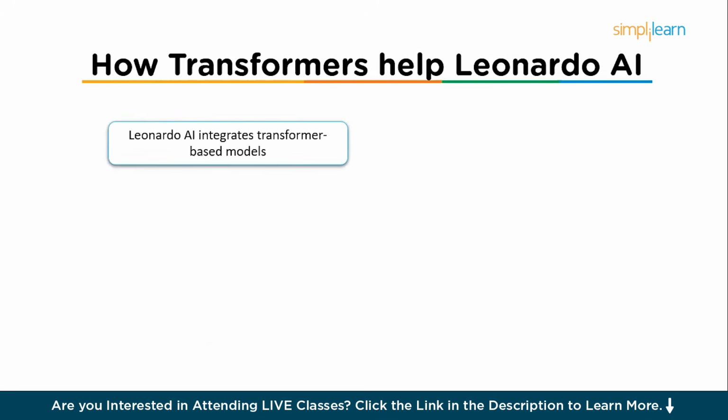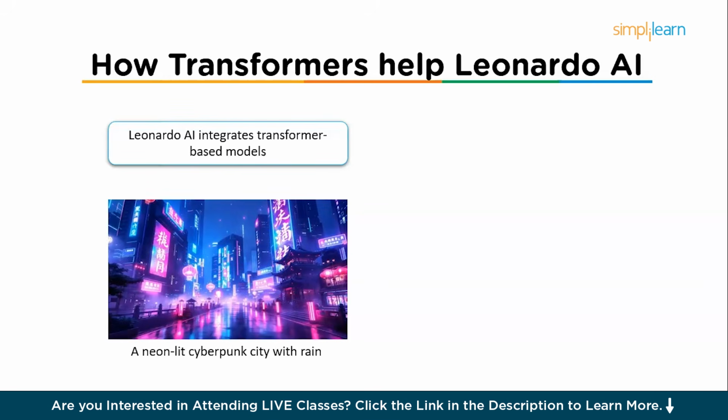So Leonardo AI integrates transformer-based models to improve its comprehension of text prompts and ensure more precise image generation. CLIP helps match words to corresponding visual representations, ensuring that a request for a neon light cyberpunk city with rain produces the expected glowing skyscrapers and reflections.